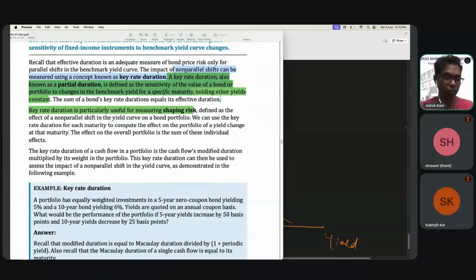Just read all this highlighted one. Is it okay? Fine.